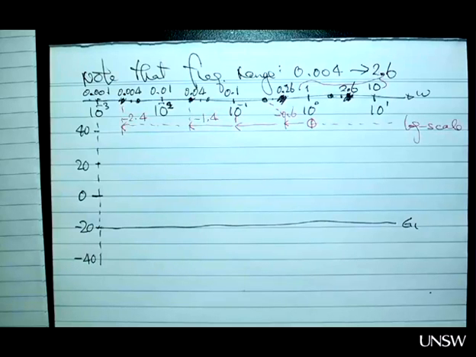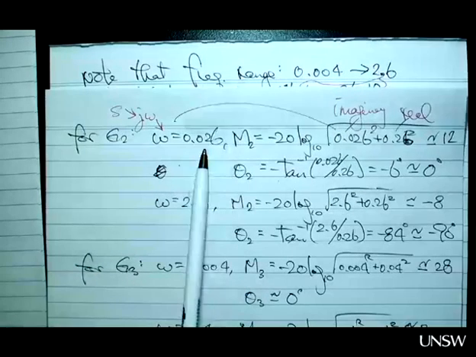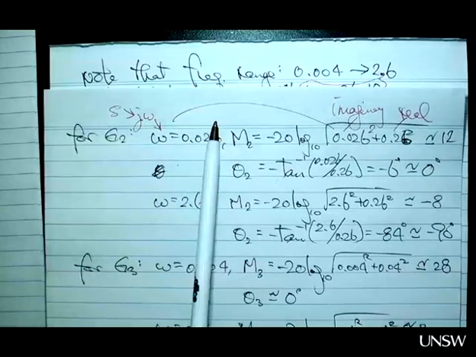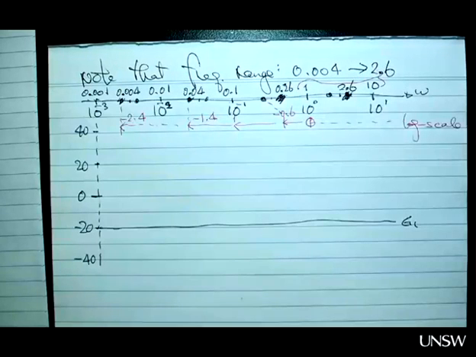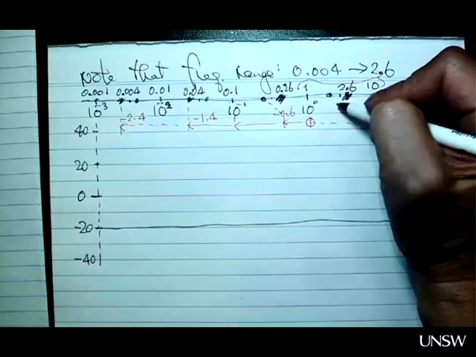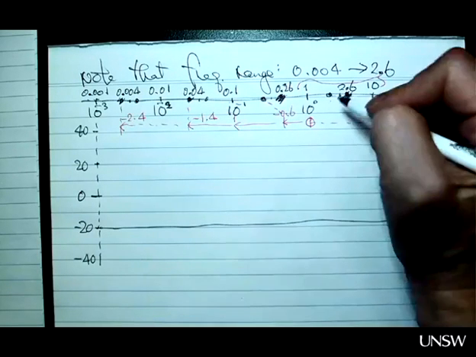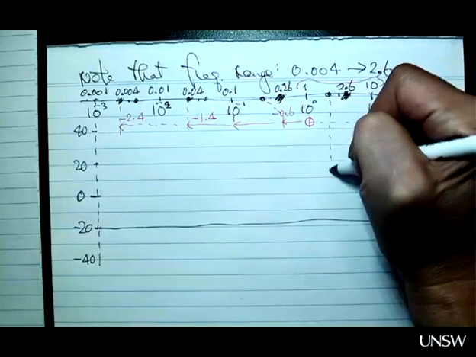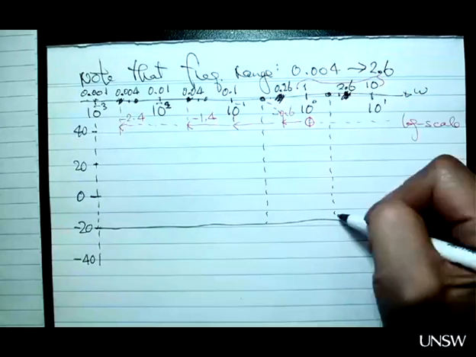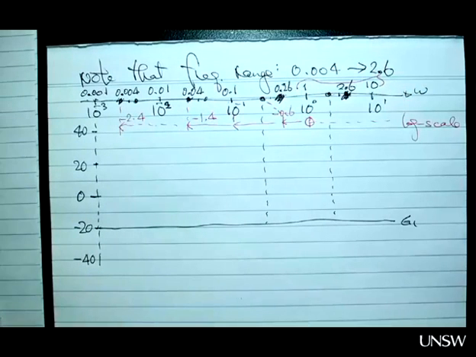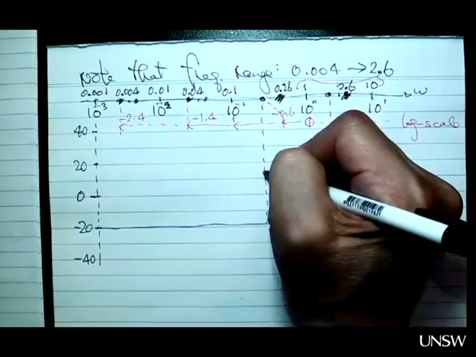And then for the second term, when it is 0.026, we have 12. When it's 2.6, we have minus 8. So at 2.6, somewhere there. And then 0.26. So at 0.26 is 12.